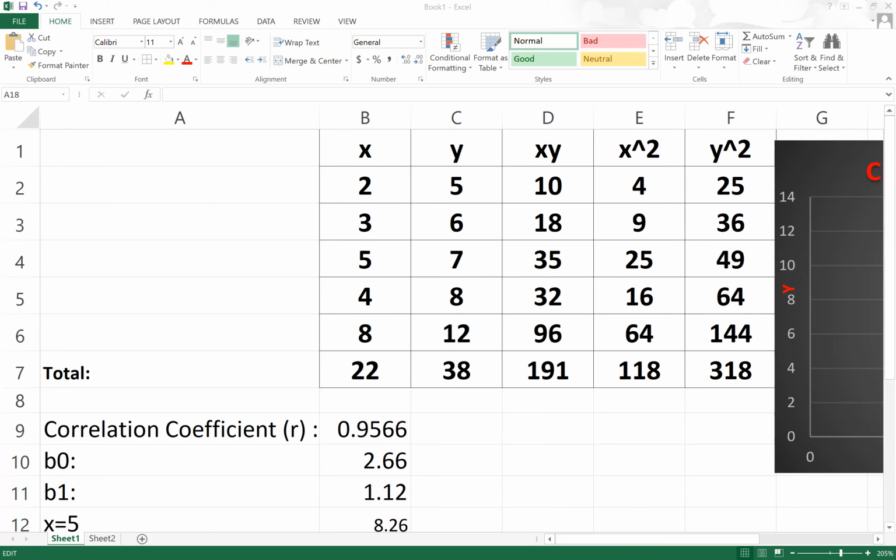I modified that a bit to B0, B1, because in your PowerPoint it's using A, B, right? But B0, B1 is a more standard way of writing a regression model. In a lot of different textbooks, they usually use B0, B1. And calculate the correlation coefficient R, and what percentage of variation is explained by the X values or by the independent variable.